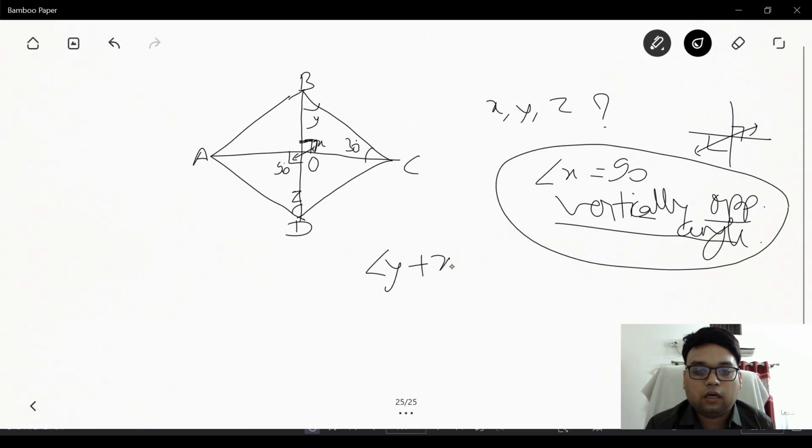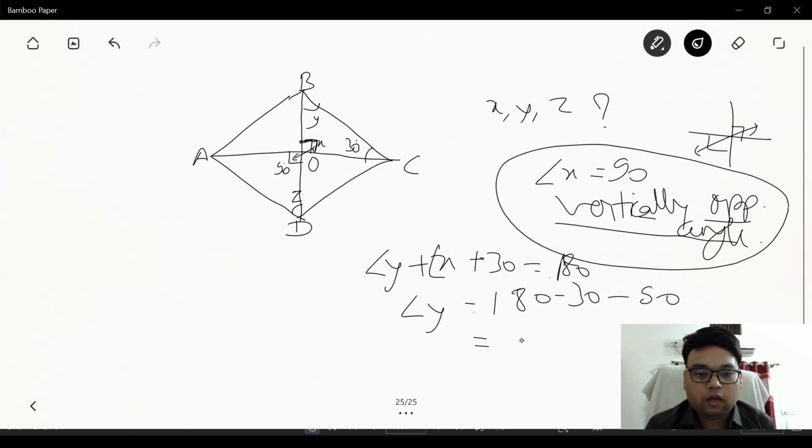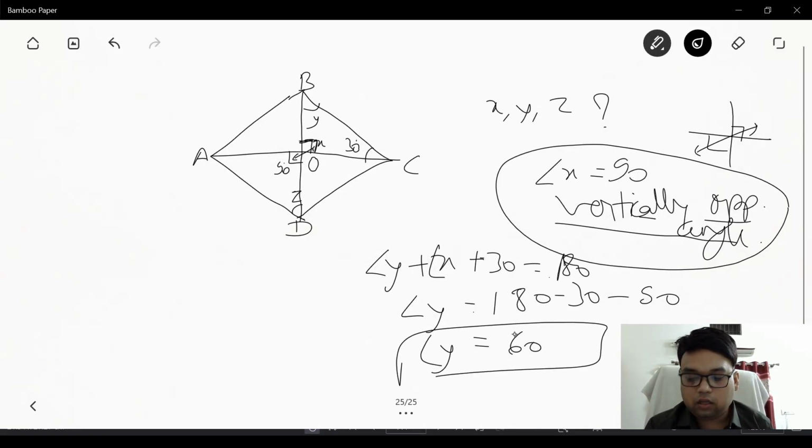Angle y plus angle x plus 30 is equal to 180 degrees. That's why angle Y will be equal to 180 minus 30 minus 90, and the value will be 60 degrees. This is another way to get the value of angle Y, using the property of a triangle: the sum of all angles is equal to 180 degrees.